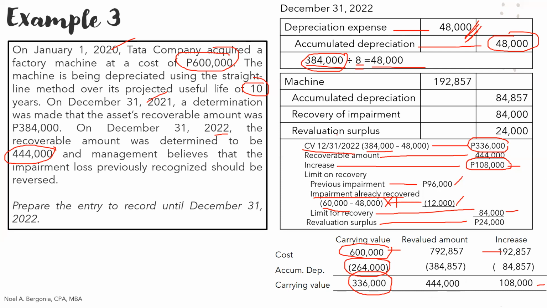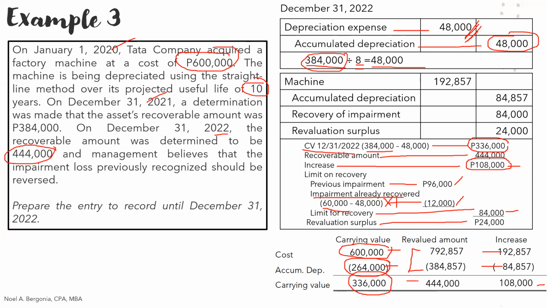Okay? Just add the carrying value na accumulated depreciation na 264,000 and the increase in accumulated depreciation because of the proportionate na 84,857. Okay, so if you try to deduct the revised costs and accumulated depreciation, it would be equal to our revalued amount of 444,000.